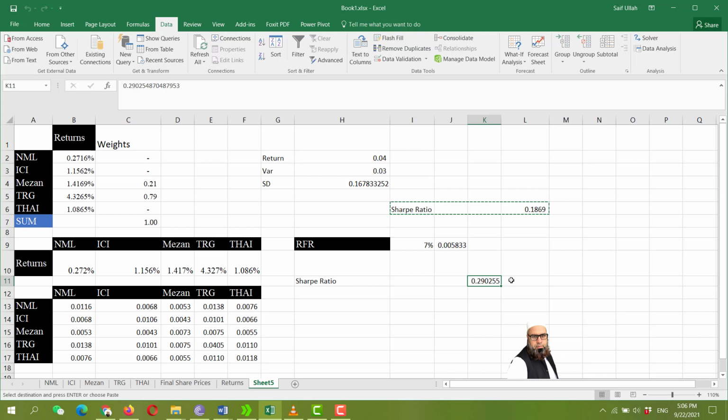And if we only buy assets, we have no option to short assets, then the answer will be 0.1869. In the next video, I will explain these ratios in more detail, but in this way, we can use the Solver function to optimize the risk and return of the portfolios.